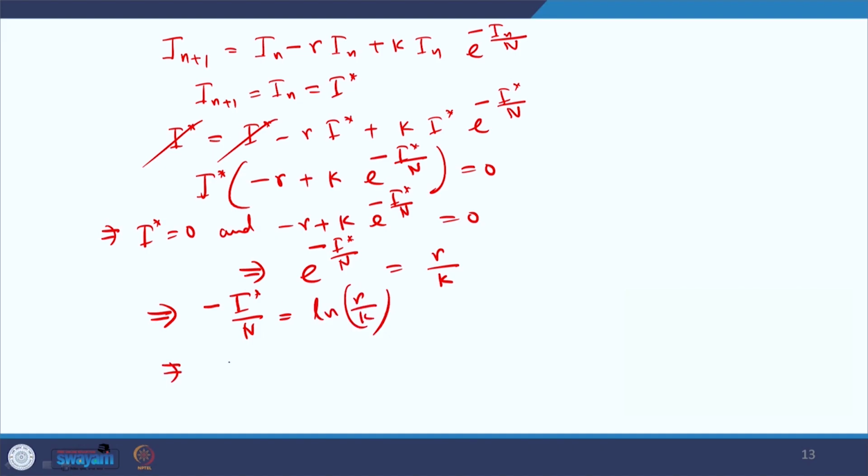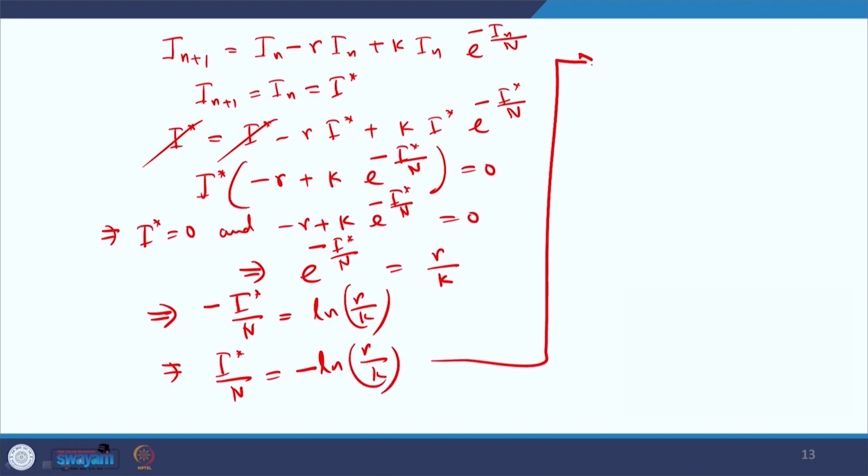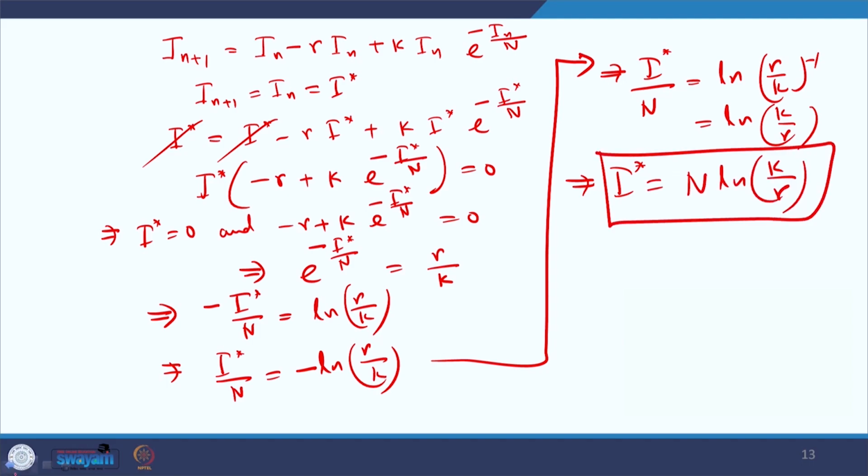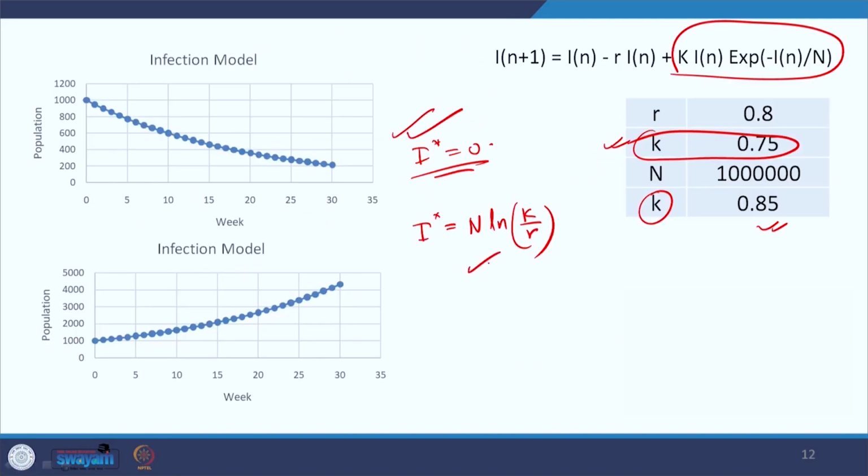We take this negative sign to this side. So, I star by n equals minus ln of r by k. This implies I star by n equals ln of (r by k) to the power minus 1, and this becomes ln of k by r. This implies I star equals n ln k by r, which coincides with this value.